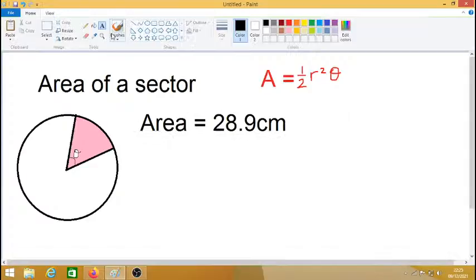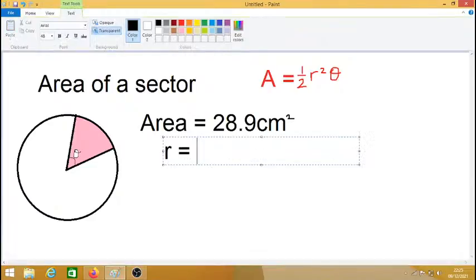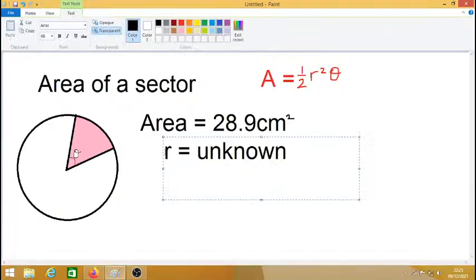The radius is also in the formula, but in the question, the radius is unknown. And the angle theta of the sector is known. So the angle is equal to 0.8 radians.